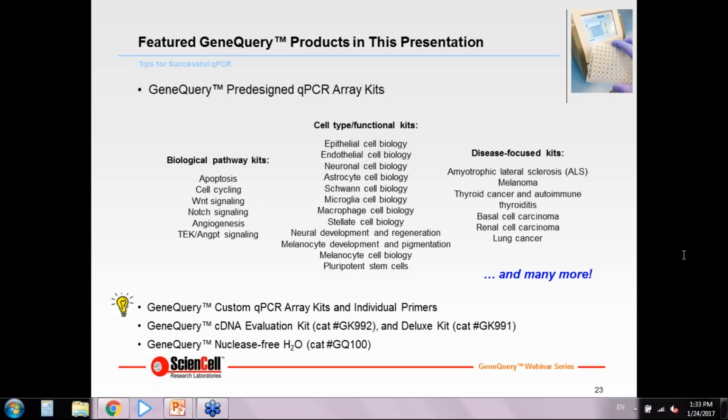We only offer the controls to detect whether or not it needs to be cleaned. As far as concentrations per reaction, we recommend 1 nanogram per reaction to start your optimization. And I believe all of our kits are optimized to do 1 nanogram per reaction.